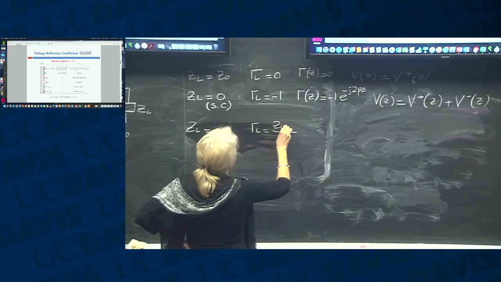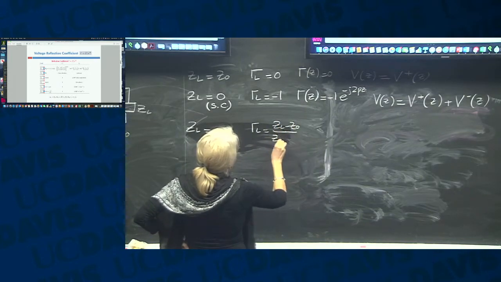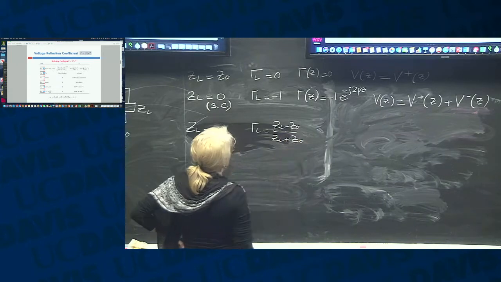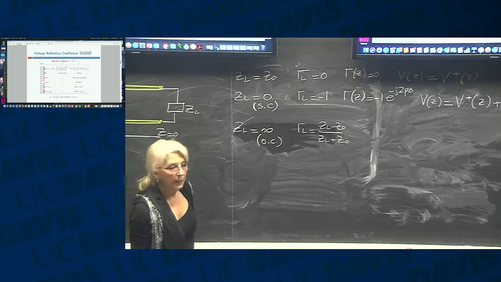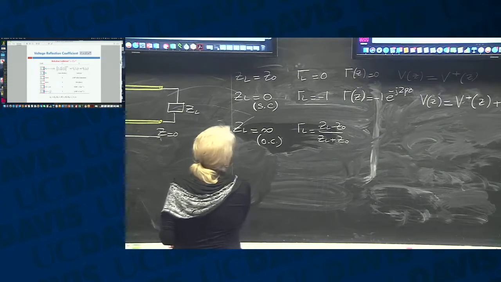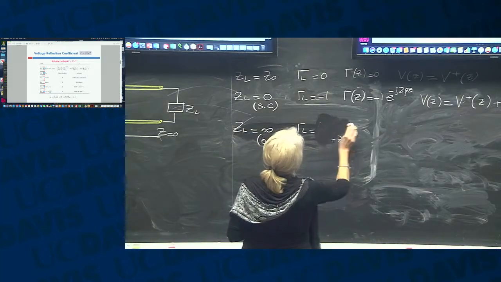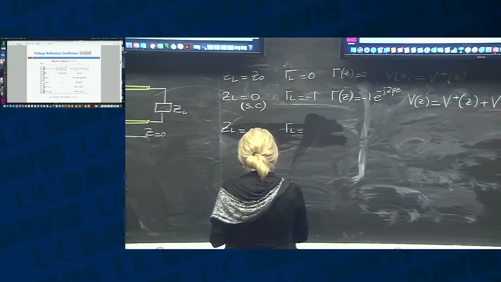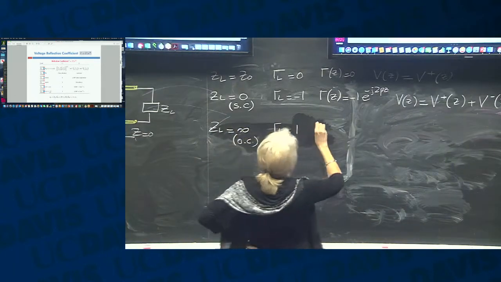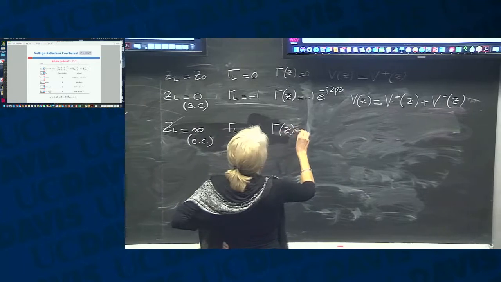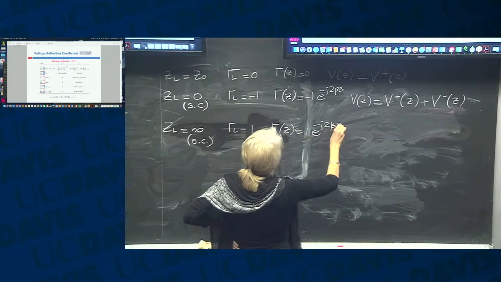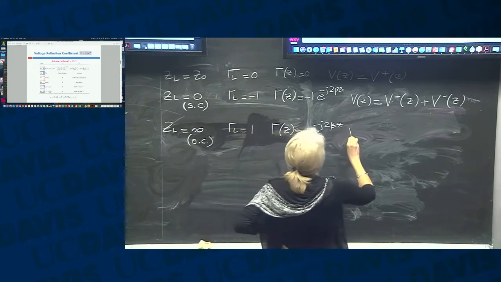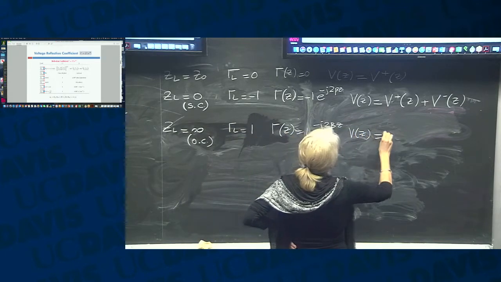Gamma L is ZL minus Z naught over ZL plus Z naught. If ZL is infinitely large, what is this going to be? 1. So this is 1. Therefore, gamma Z will be 1 e to the minus j 2 beta Z. And again, V of Z will have two components.